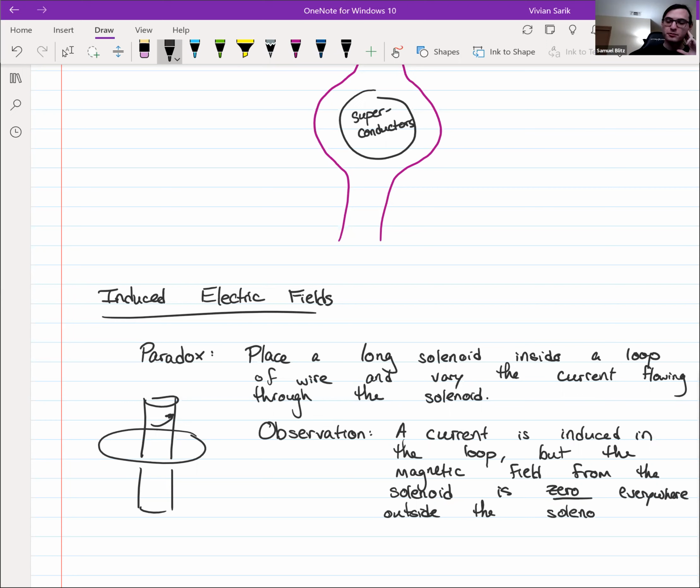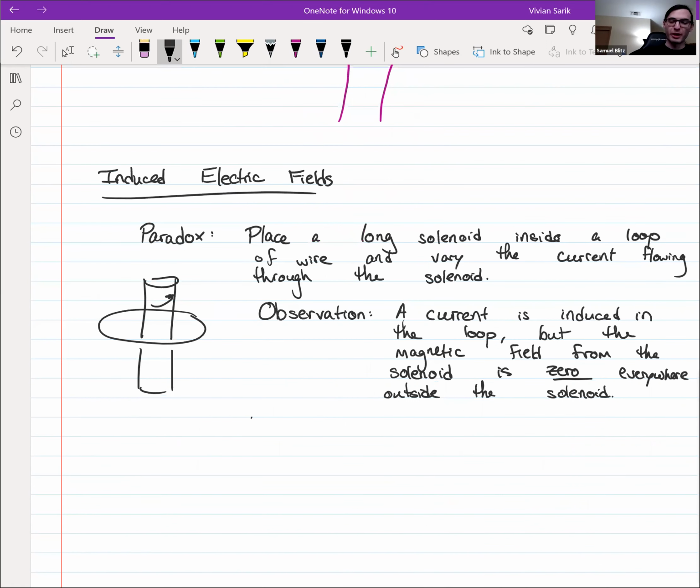So somehow you have this 0 magnetic field at the loop. Literally the magnetic field is 0 everywhere outside the solenoid. Somehow it's still affecting the loop. So the paradox is, how does the solenoid affect the loop?